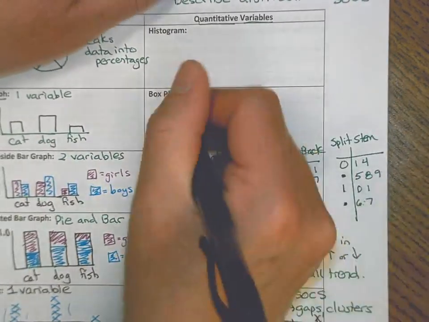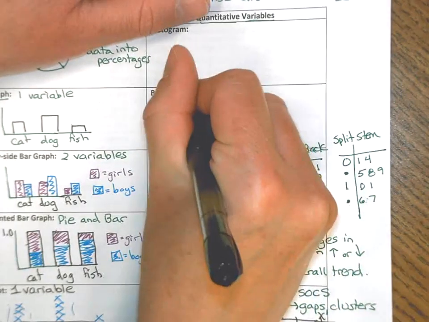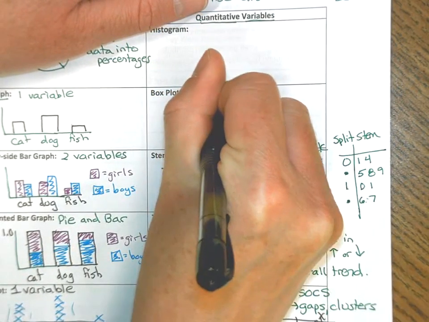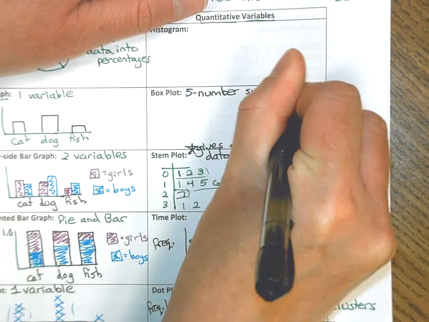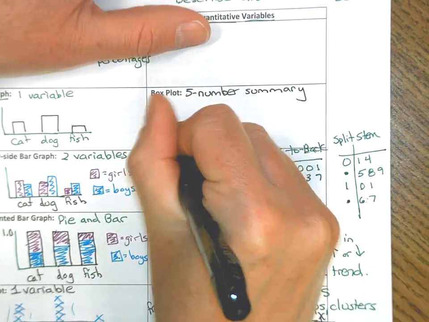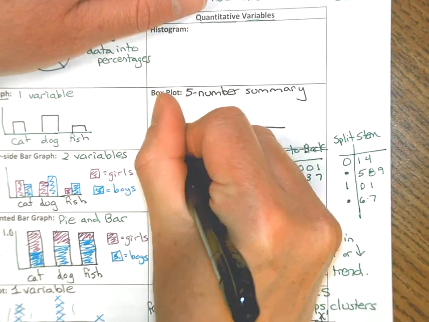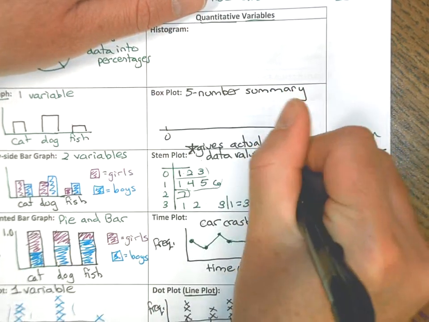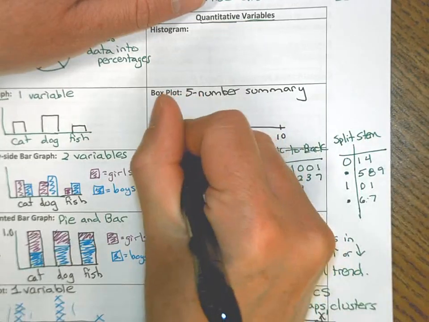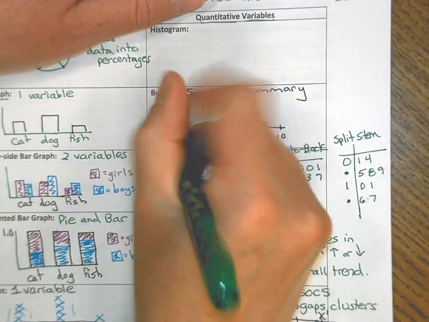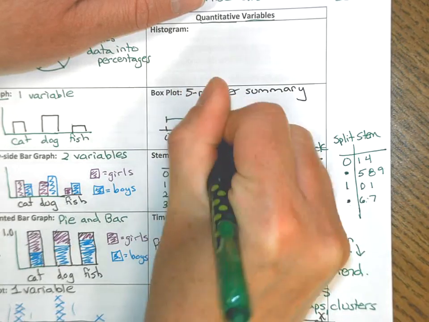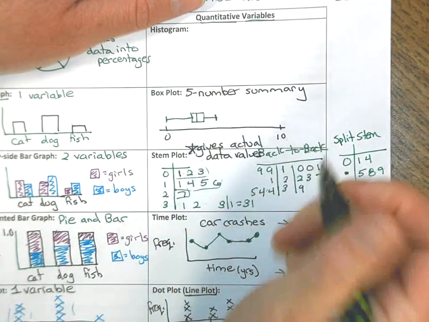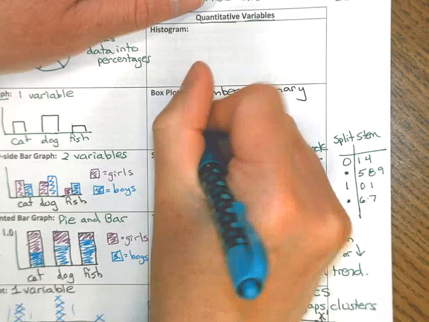Box plot. That is, of course, with your 5-number summary. And you would need to label your 5-number summary. If you're comparing two, make sure that they're on the same scale so things line up. Maybe we're going from 0 to 10, and I have one that is over here, and then I have another that's right here.